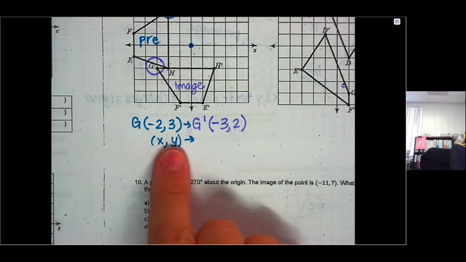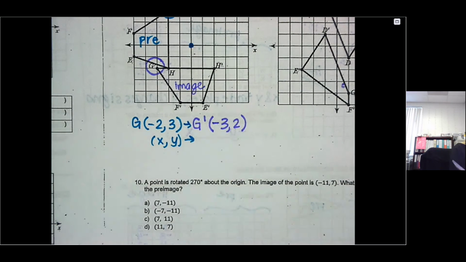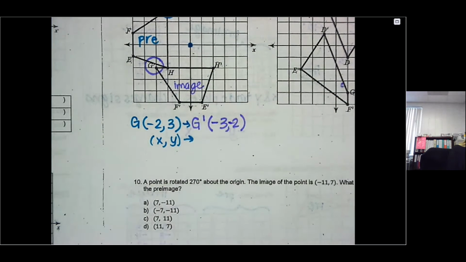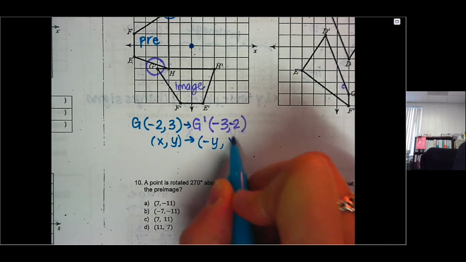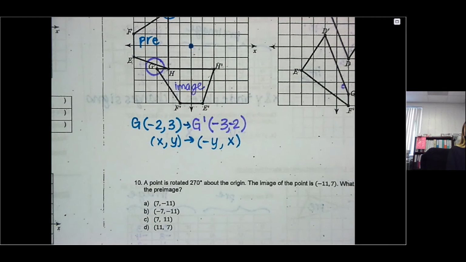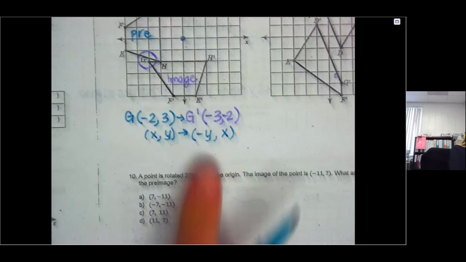The original Y, oh, this is a -2, my bad, sorry. The original Y changed signs. So it became -Y, X.